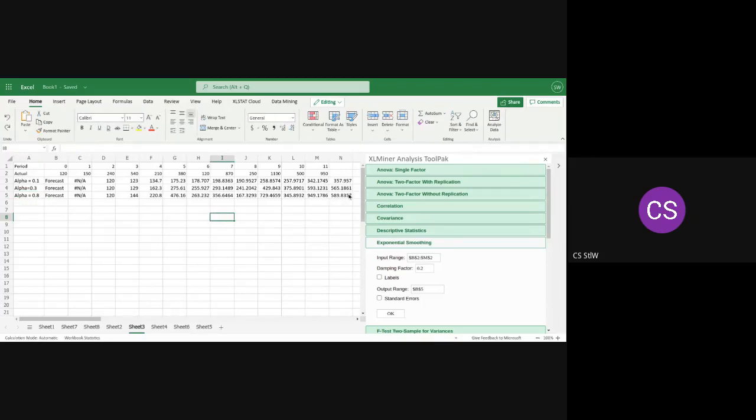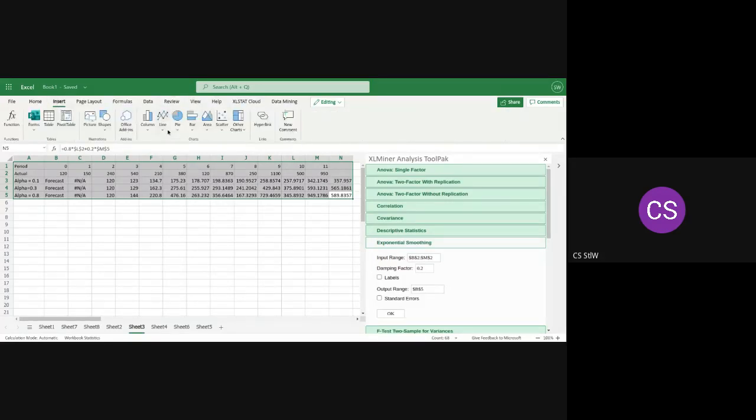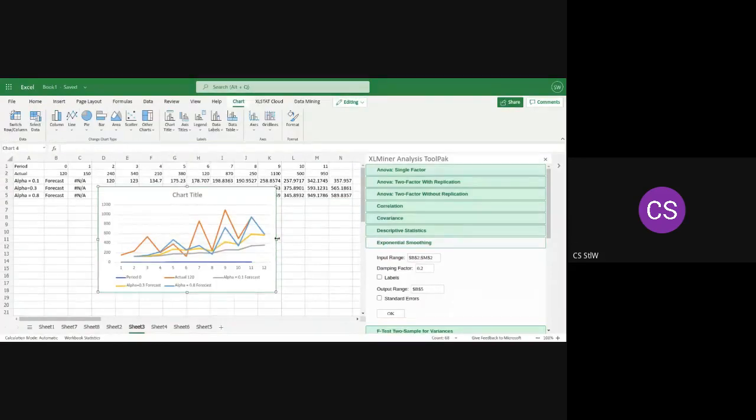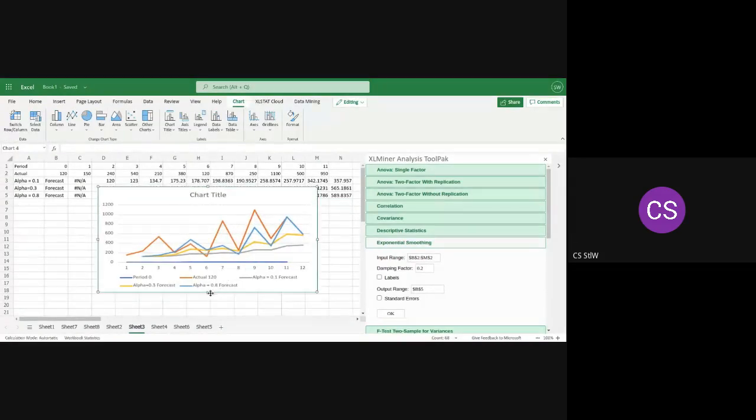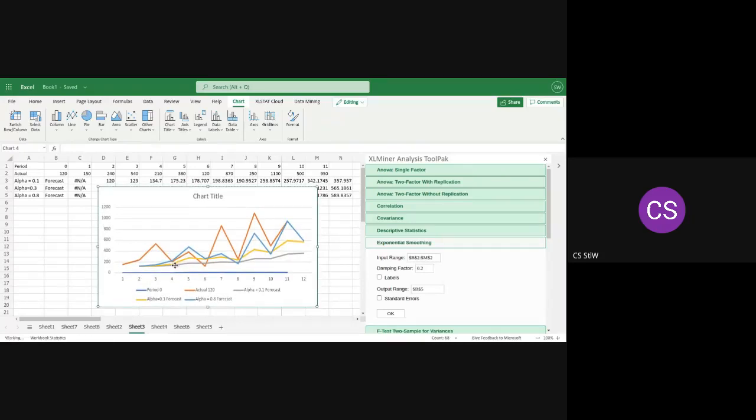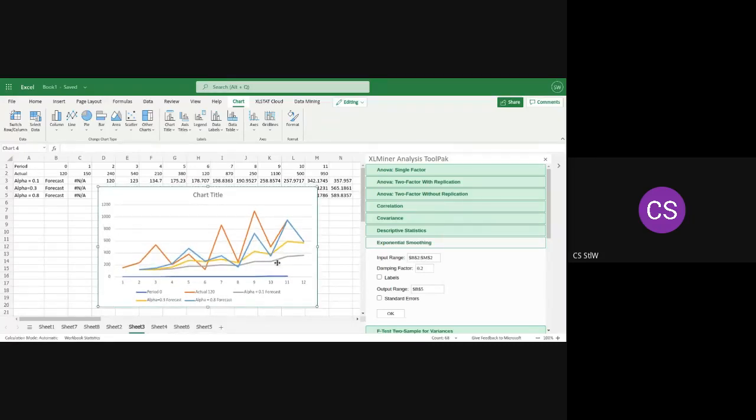Okay, so if I just map this out, what do I get? I get that. I am able to see that it keeps on smoothening the original curve, which is in orange, as the alpha keeps on becoming smaller.